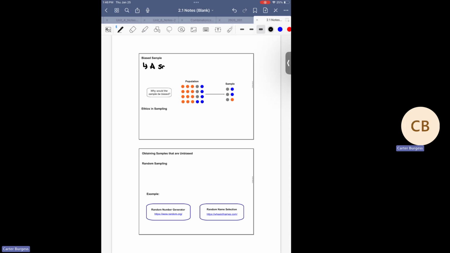So a sample that fails to reflect the larger population due to how it was collected.